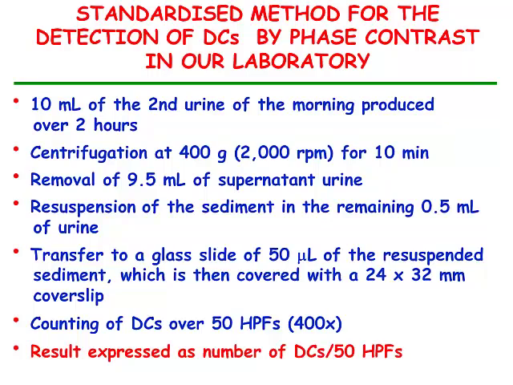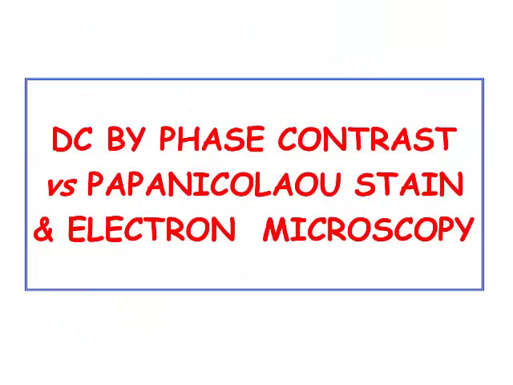And we count decoy cells over 50 high power fields at 400x. And we give the results as number of decoy cells found on 50 high power fields.